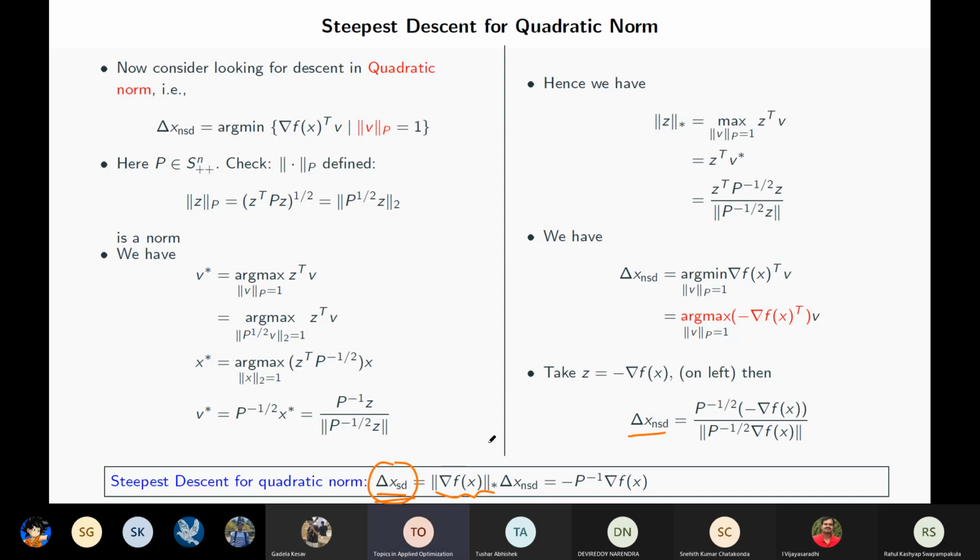Grad fx dual, right? We can get it. Grad fx star we need. Grad fx star I can get from here, and then we have P inverse, right? And grad fx will be left out.